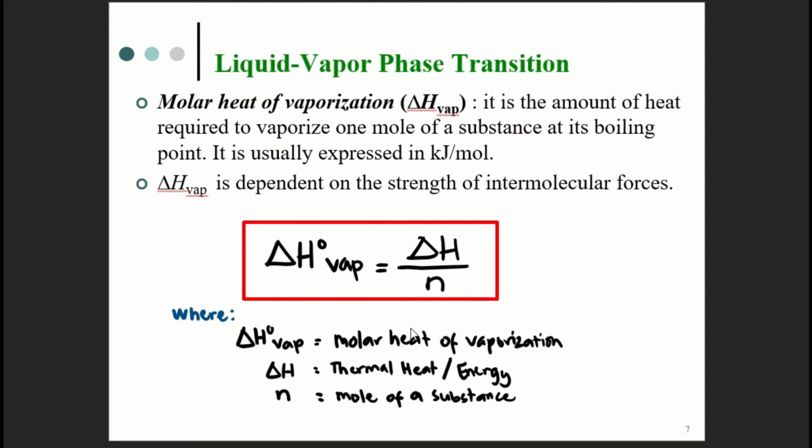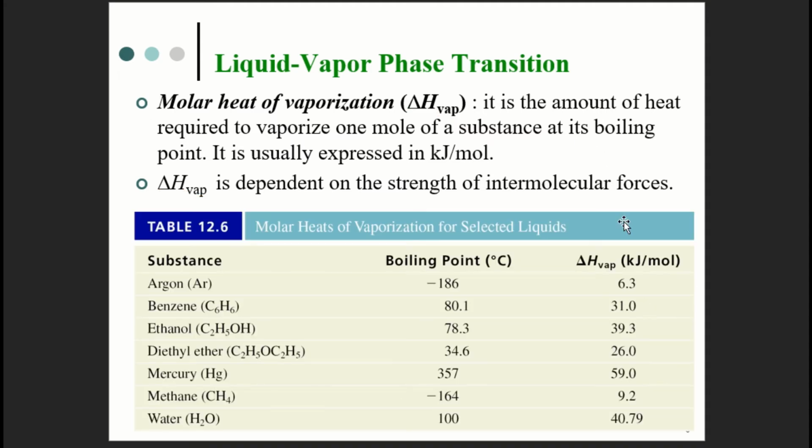This is where we will use the standard value. Again, we have a standard molar heat of vaporization for selected liquids in this table, which I showed you. So, we will now use the standard molar heat of vaporization for water. Take note, class, it's 40.7 only, without the 9. It's 40.7 kilojoules per mole. This means for every one mole, we need 40.7 kilojoules of energy.